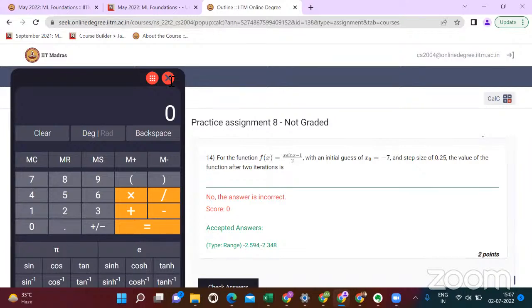For the exam, everything will be clear. If you are not able to calculate with the help of those calculators, the problem will not be given in the exam. Only those questions will be given that you can solve with the help of those calculators, so don't worry about the exam. So you are saying if I'm calculating something, how to use this one.